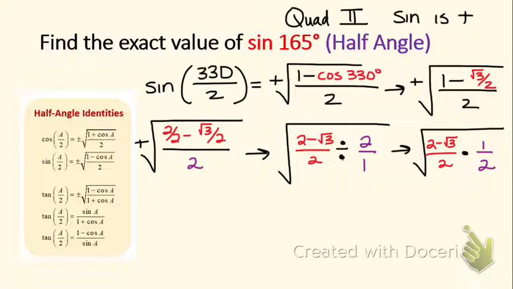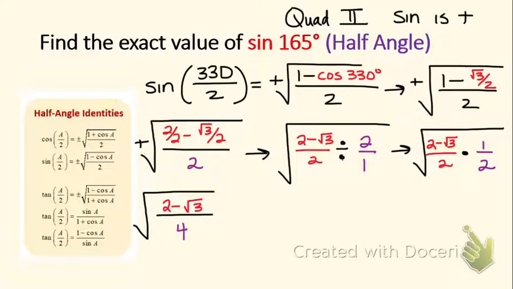So when I do my keep, change, flip, that's what I have. So now I'm ready to multiply straight across. When I multiply straight across, I have 2 minus root 3 all over 2 times 2, which is 4.